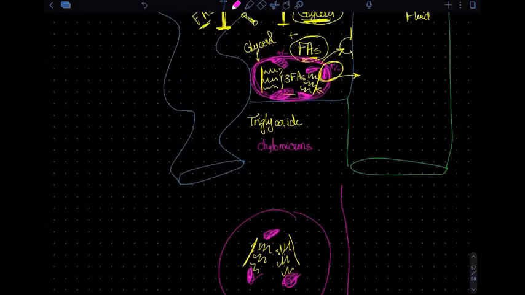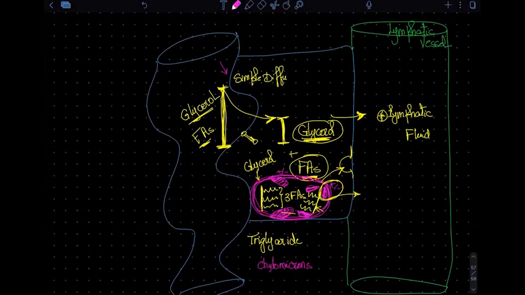So again, how did we absorb the fat? The absorbable form of the fat is going to be the glycerol and fatty acids. And this requires you to have lipases, like the pancreatic lipase and the lipases released from the brush border.